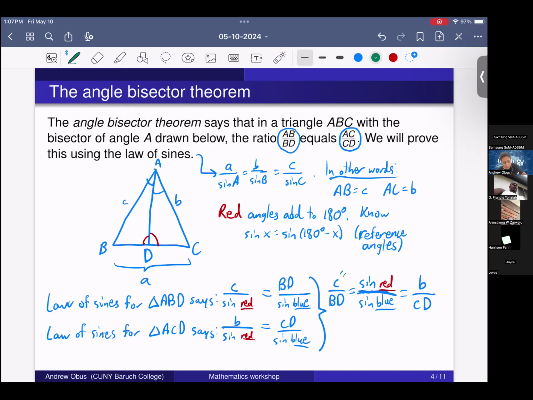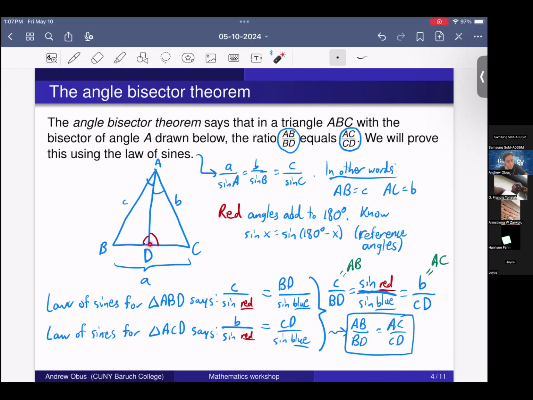And this C here, remember, this is AB, and the B here, this is AC. So what this shows us in the end is that AB over BD equals AC over CD, which is exactly what we wanted to prove. Okay, so this is the proof of the angle bisector theorem using the law of sines.